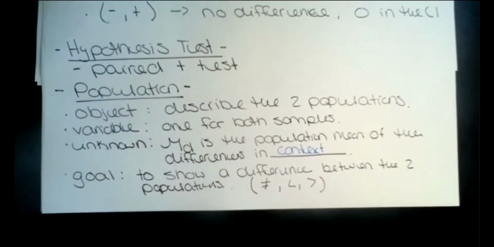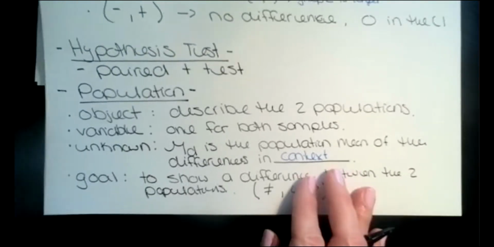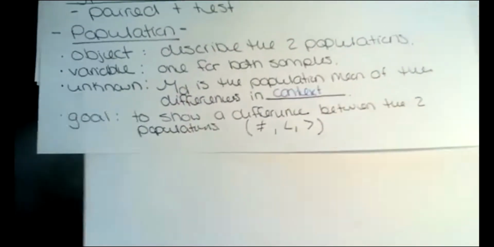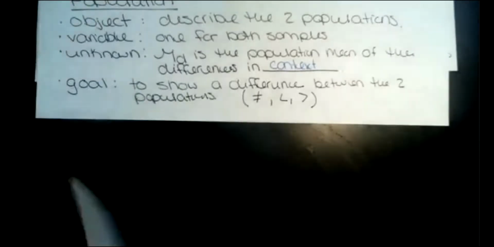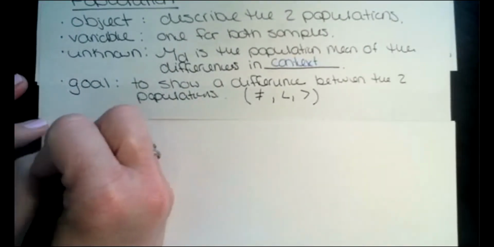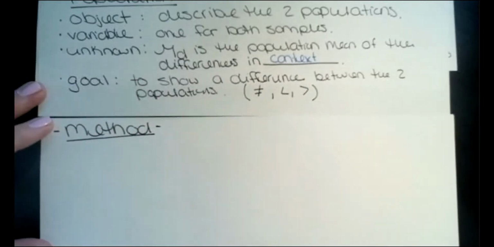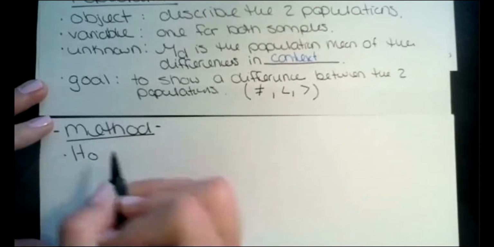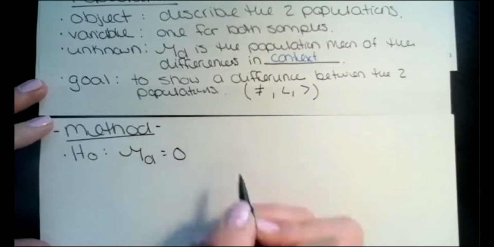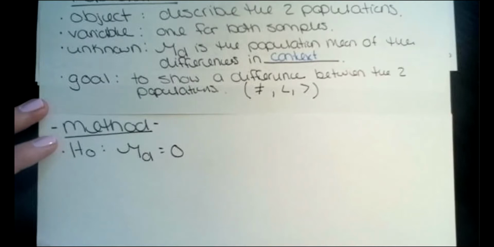So let's take a look at this method step and how we would write this. And I don't think it's going to be a surprise, really, but just keep in mind my unknown is mu D. Okay? So in my method, I'm going to use that mu D. So for my method, I have my null, and my null is always going to be that mu D is equal to 0, meaning that when I subtract the 2 and I take the average, it's 0.